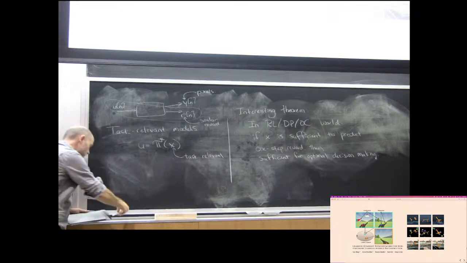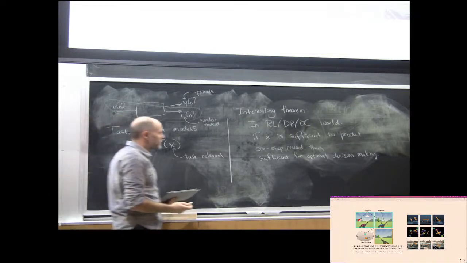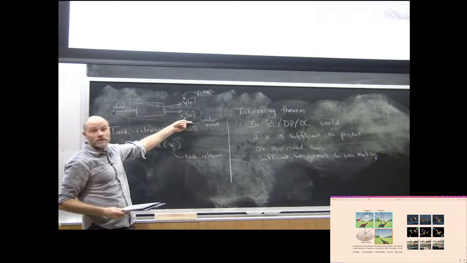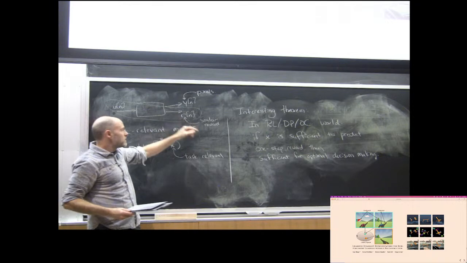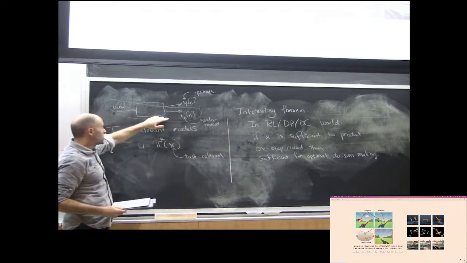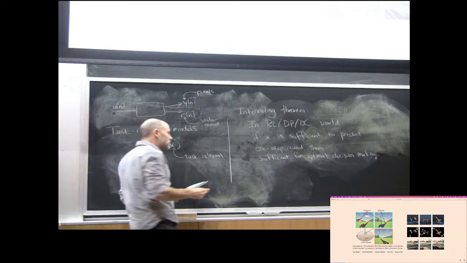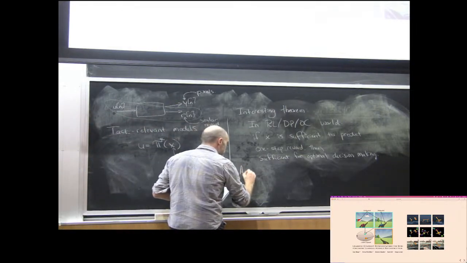Okay? Now, where this gets more complicated is that this theorem says I'm able to perfectly predict reward, and then it's sufficient. The interesting case is when this becomes an approximation, and there's a nice paper called Approximate Information States.